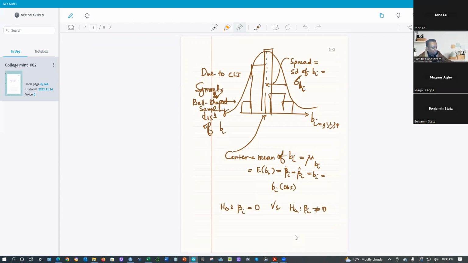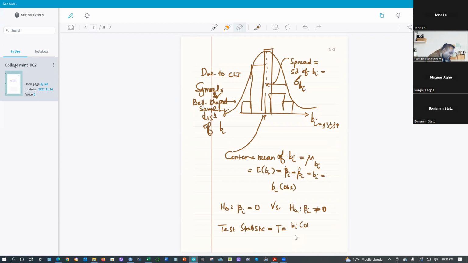In order to do this you need a test statistic, which we're going to call T. T is simply Bi obs divided by sigma of Bi.